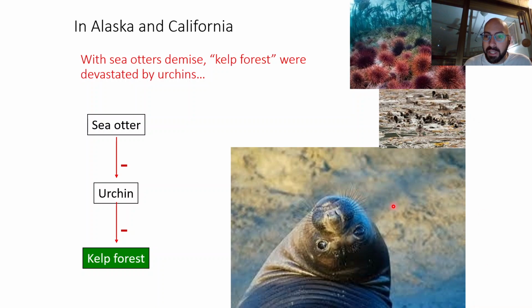The sea otters are in here. I need to replace that photo. Sea otters will eat the urchins, and by that will help protect the kelp forest, which is a habitat for many species of fish, crustaceans, and mollusks, which live within that space and swim within that space.